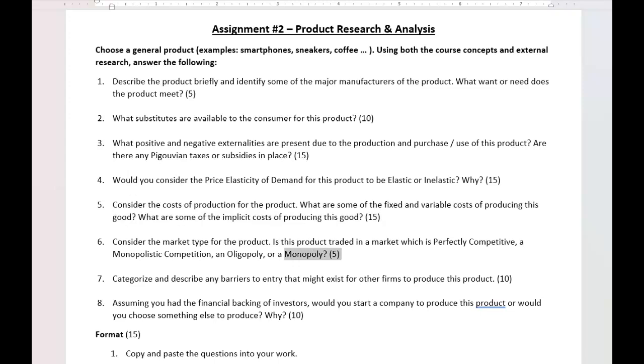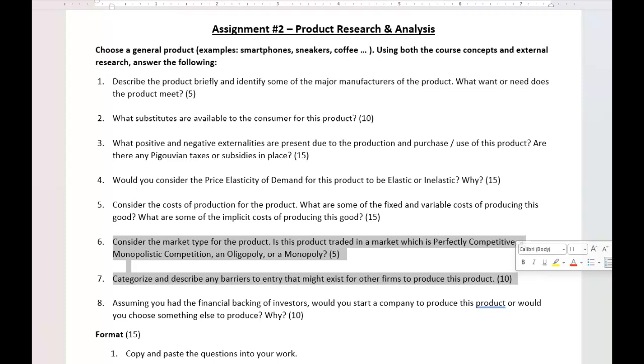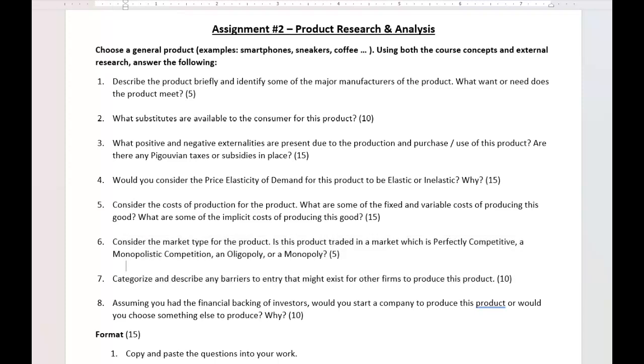From there, the type of market that I'm competing in, and again, with 6 and 7, you may have to sort of consider the last 4 units, which I know we're not completely through yet. But what would it be like to compete in this specific type of market? Is it an extremely competitive market, like a perfect competition, where maybe the best I could hope for would be to break even long term?